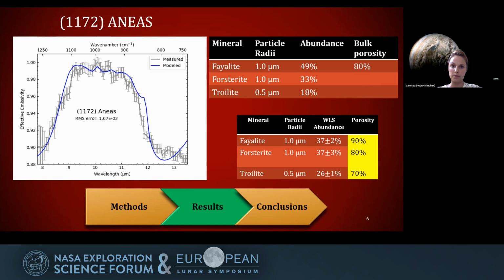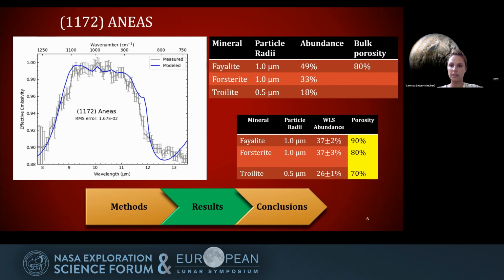And you might be wondering why I have the 1 and the 0.5. If an individual mineral fit the Trojan spectra especially well, I ran multiple particle radii to try to fine tune it. So this one favored the fayalite and forsterite.